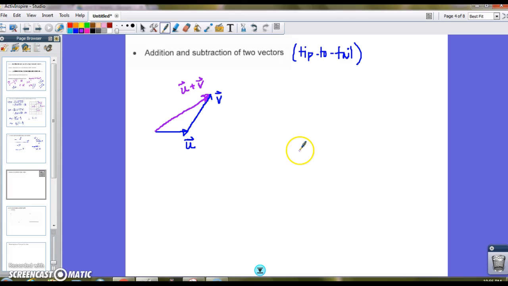So that would be U plus V. Now, if you wanted to do U minus V, let's say this is your U. Minus V changes the direction, so minus V would put you this way. And so you end up with U minus V. That's the idea behind that.